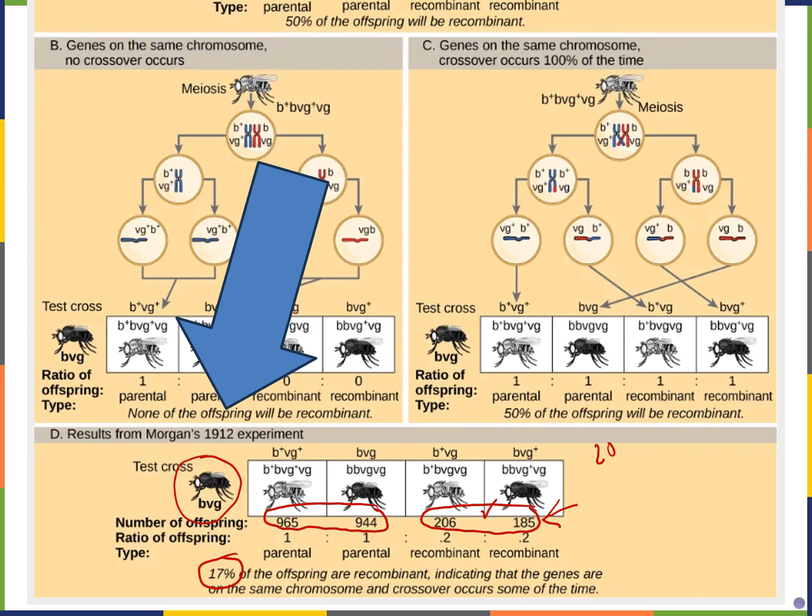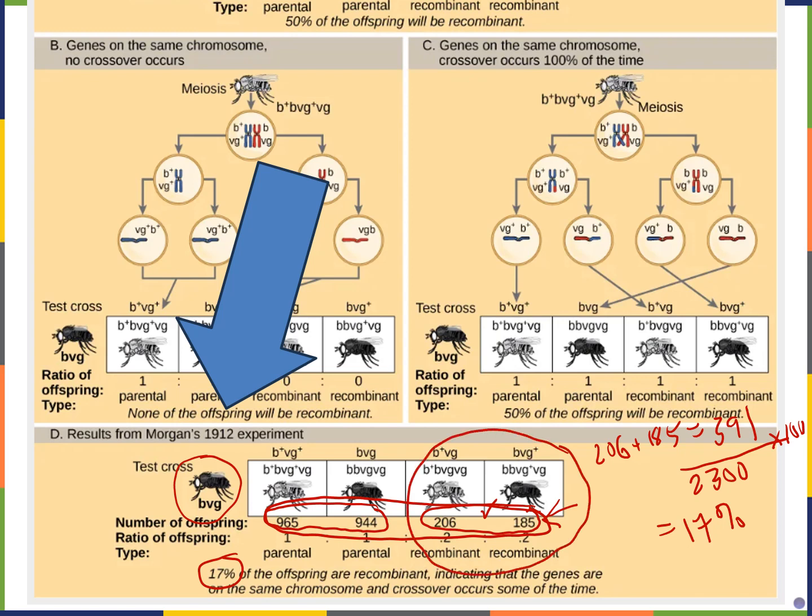So 206 plus 185, that gives me 391 over the total offspring. So if I add all 4 of these types, I would get 2,300. And then I want to times by 100 because I'm getting a percentage. That will give you 17%. So 17% of the offspring are the recombinant type.